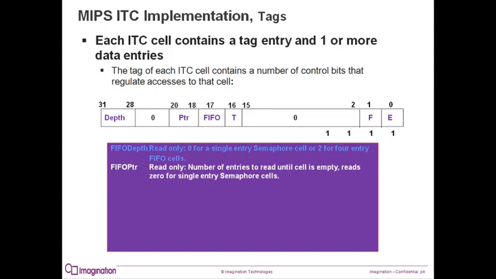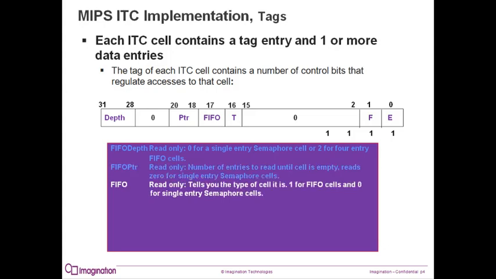The PTR field will always be set to 0 if this is a semaphore cell. For a FIFO cell, it indicates the number of cells to read before the cell becomes empty. The FIFO field will be set to 0 for a semaphore cell and a 1 if the cell is a FIFO.